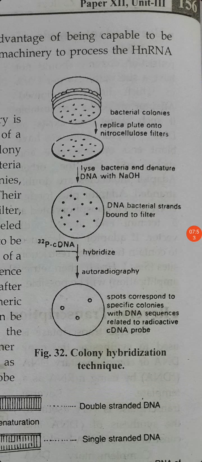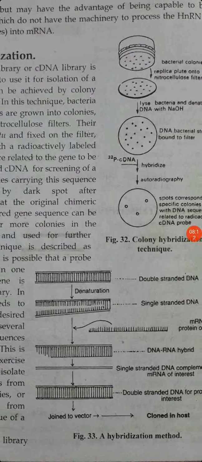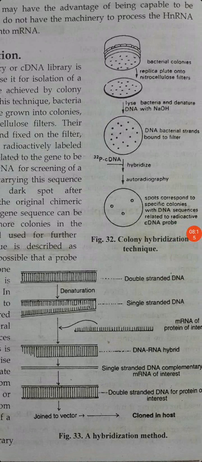It is possible that a probe may identify more than one clone, or that the gene is fragmented in the library. In such a case, one needs to reconstruct the desired sequence using several overlapping sequences available in the library. Look at this another diagram. Once you get that double-stranded DNA, it is converted to single-stranded.